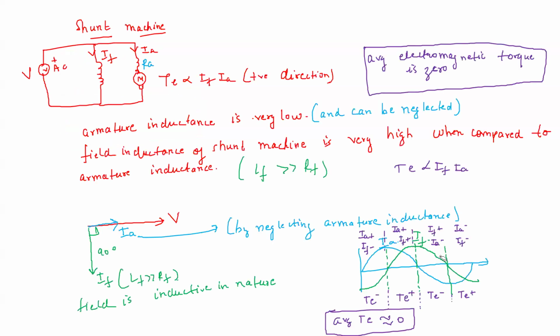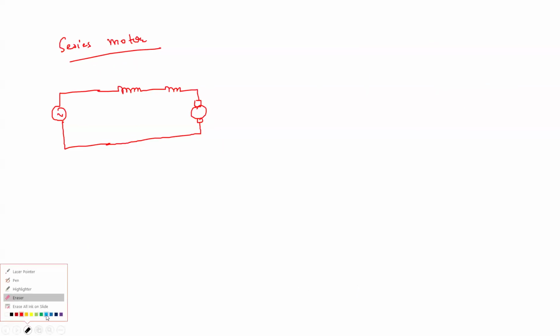So this is IF, this is IA. Again, similarly, if I draw the instantaneous waveforms of IA and IF, not phasors, basically instantaneous waveforms.